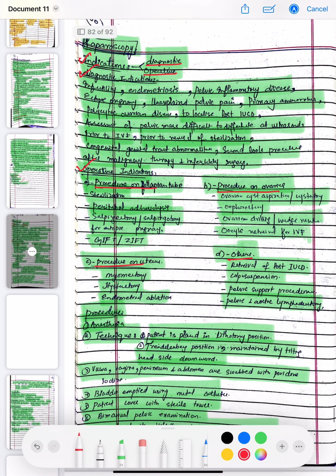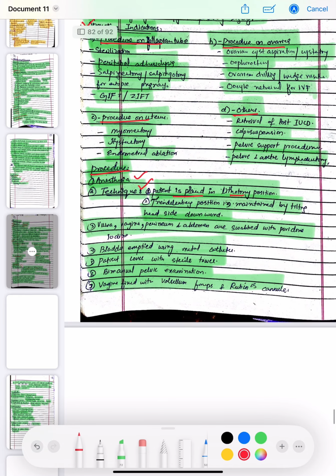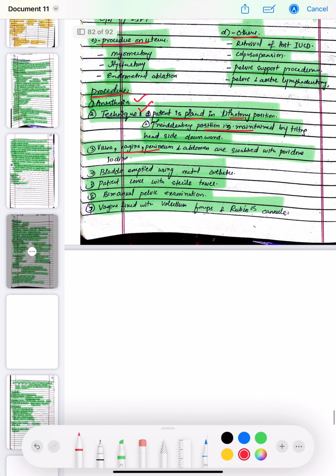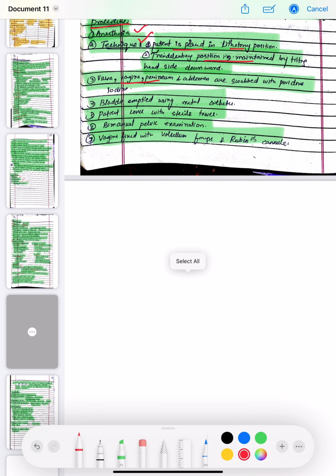Then we have the procedure, as anesthesia is given. Then the general technique is that the patient is placed in the lithotomy position, and the Trendelenburg position is maintained. Vulva, vagina, perineum, and abdomen are swabbed with povidone, and then the rest of the procedure is applied.